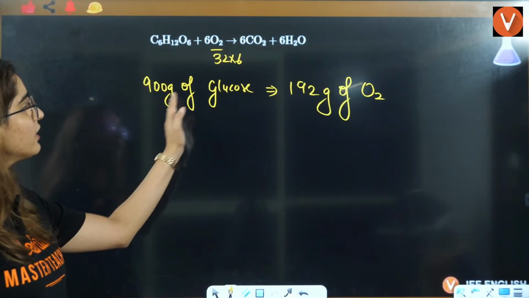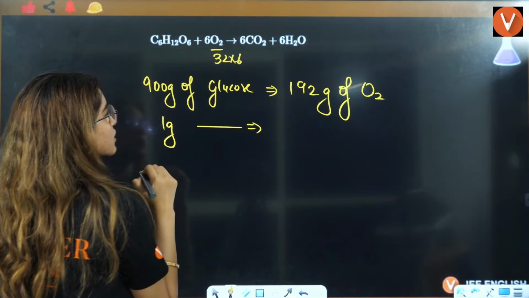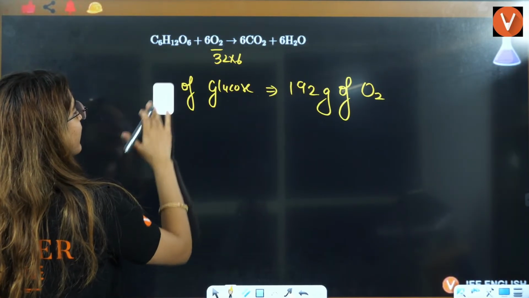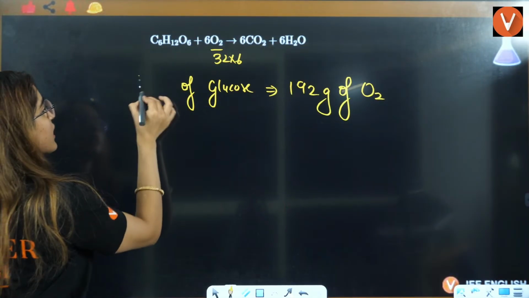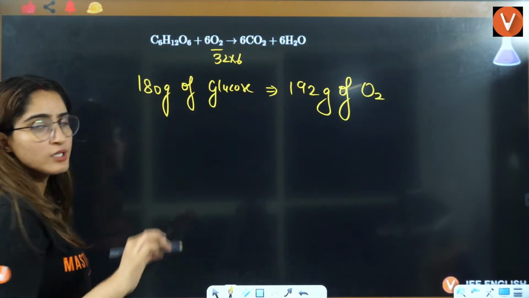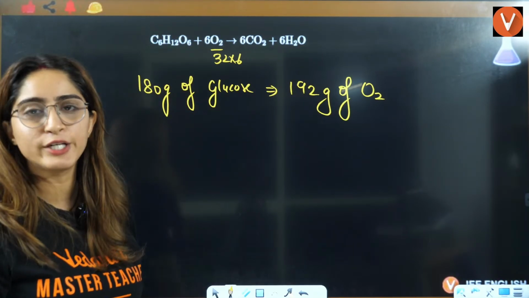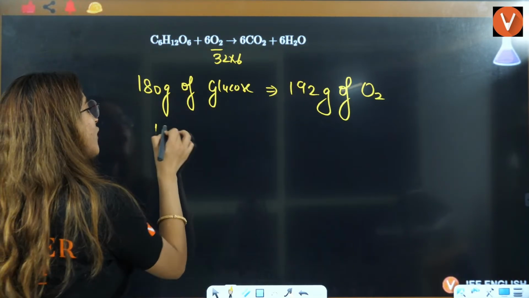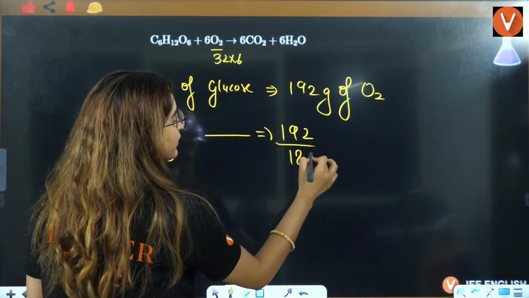Why have I written 900 gram here? This should be 180 gram, because we are talking about the molar masses. This much molar mass, 180 gram of glucose, requires 192 gram of oxygen. So 1 gram will require 192 divided by 180.